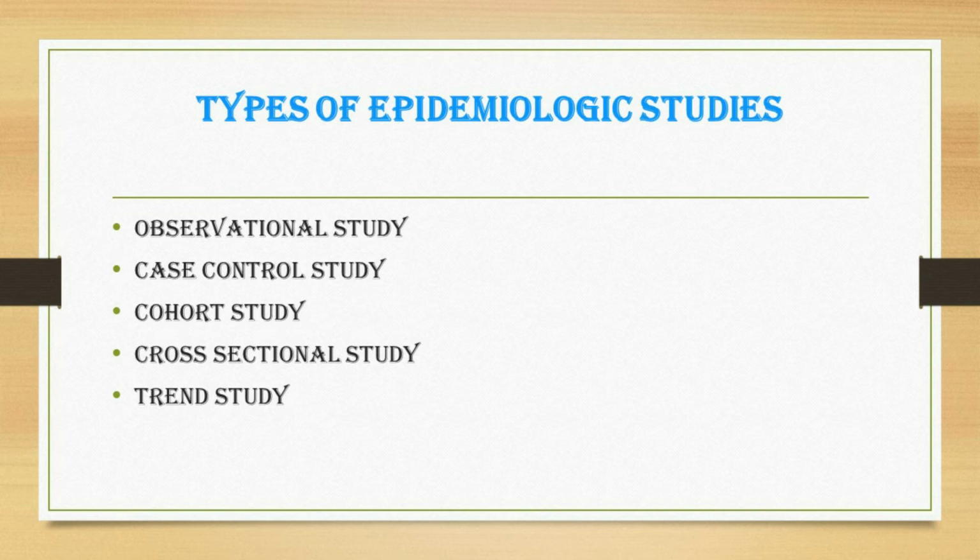A cross-sectional study is a type of research design in which you collect data from many different individuals at a single point in time. In cross-sectional research, you observe the variables without influencing them.